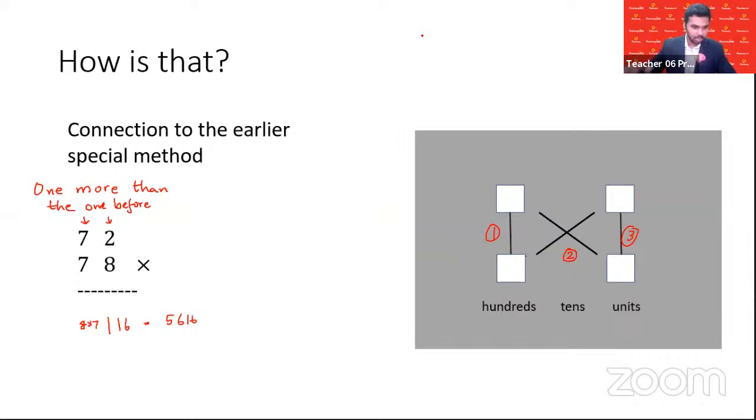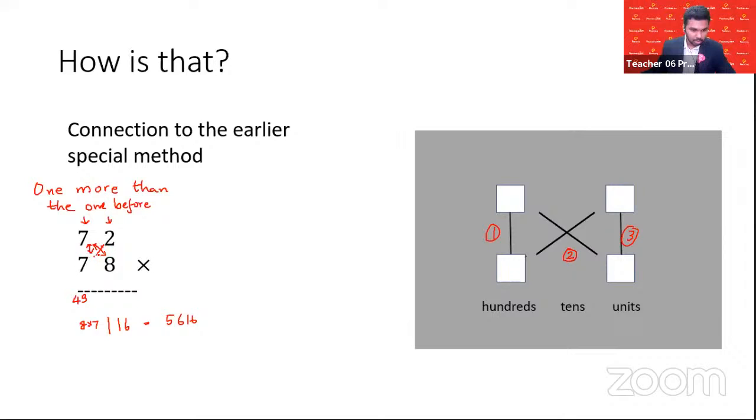Ashraf, can you just check your answer once again? Now, what we are going to do is vertically and crosswise for the same question, 72 times 78. So let us check what is 7 times 7, which is 49. I can write it as it is. The next number is crosswise.